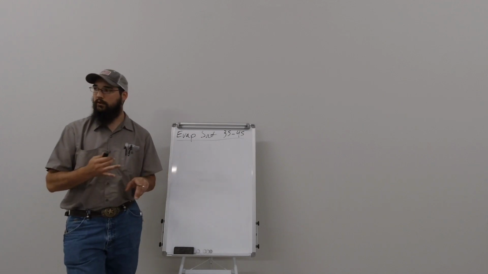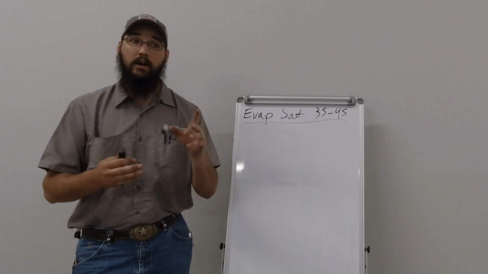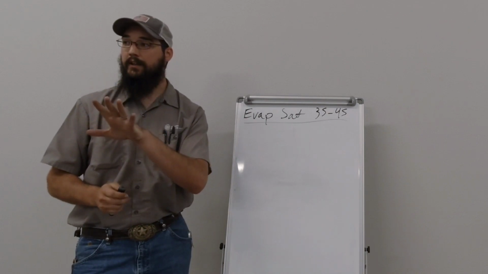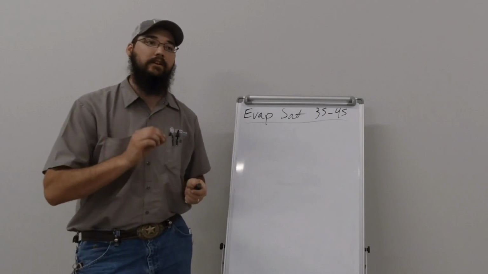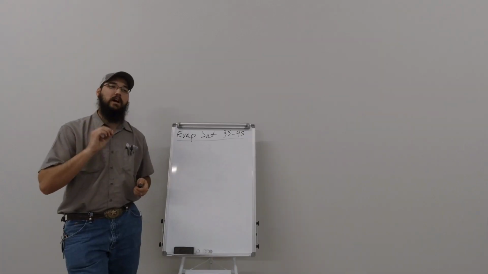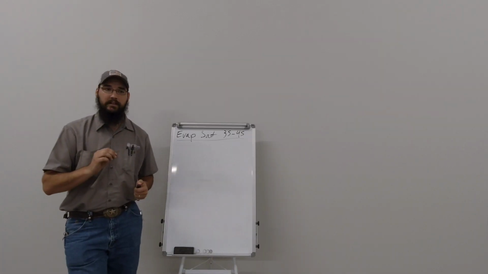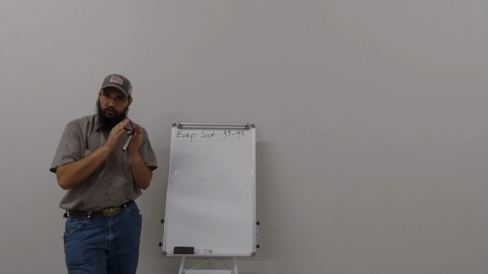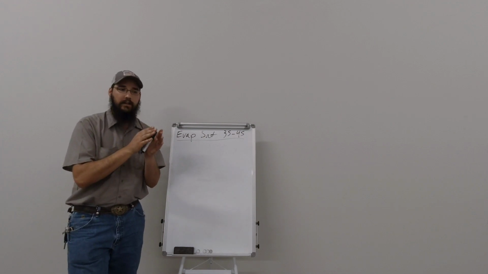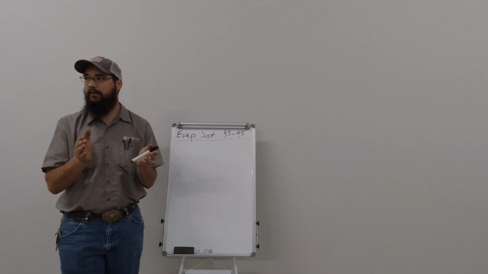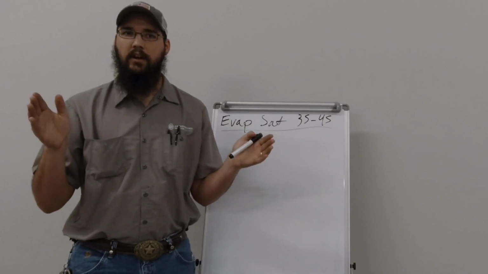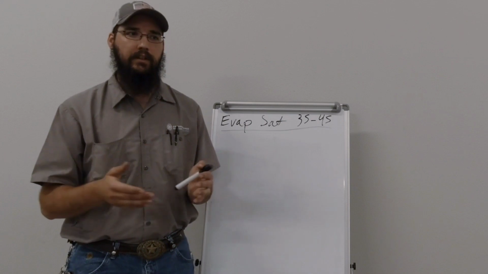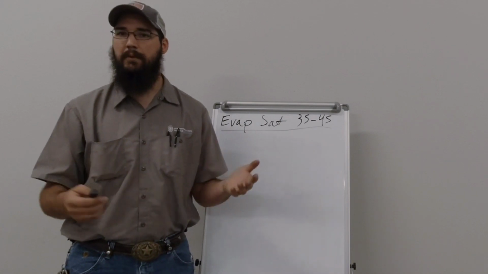So 407, 404, 410. Now, one thing about 410 is they call it a near azeotropic blend. Meaning that the glide is so small that it basically has no actual impact. I think 407C and 404A are zeotropic blends, I believe.